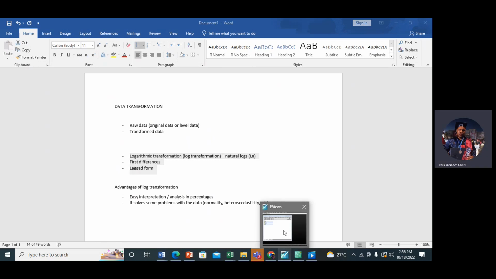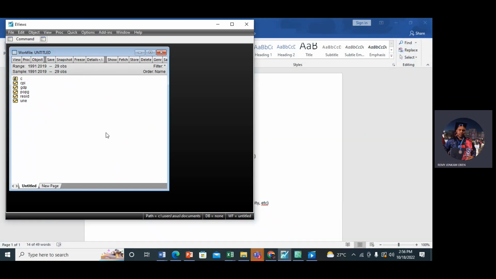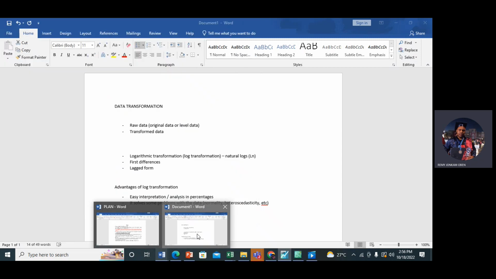I'm going to EViews. This is our data we have imported in EViews. We have GDP, CPI, population growth, unemployment. Okay, it just escaped my mind, let me just write it down.